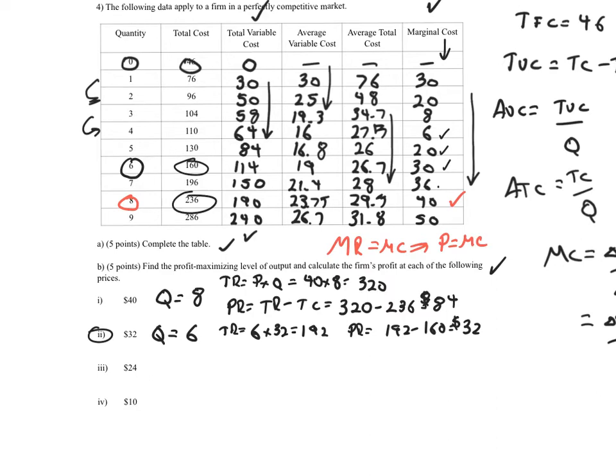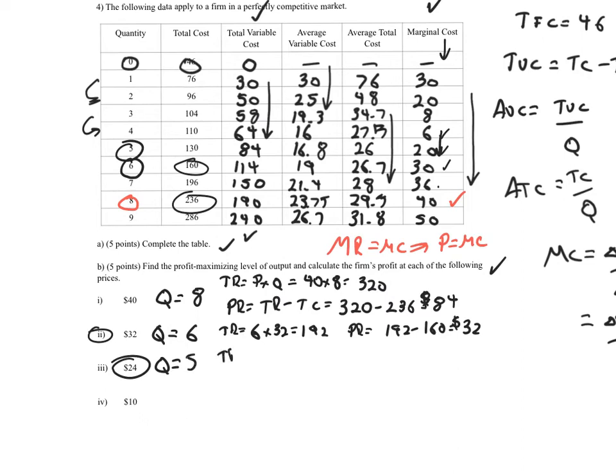Next, we've got a price of 24. Following the same logic as before, we know we're going to produce up to this 5th unit. When we get to the 6th unit, the extra cost is greater than the extra revenue, and so we're going to stop at 5 units. Quantity equals 5.